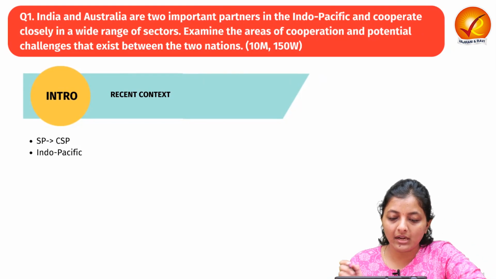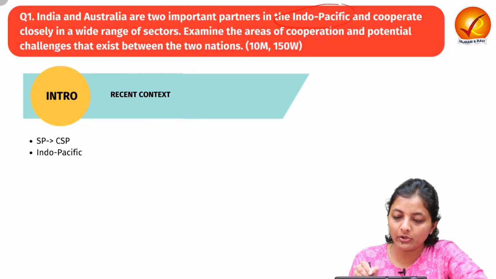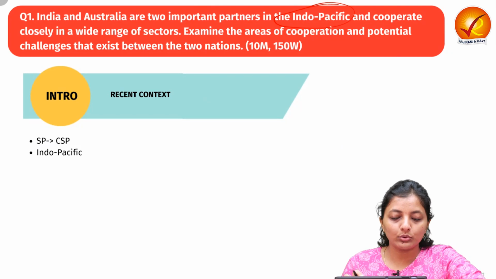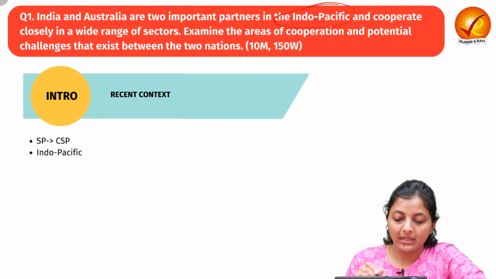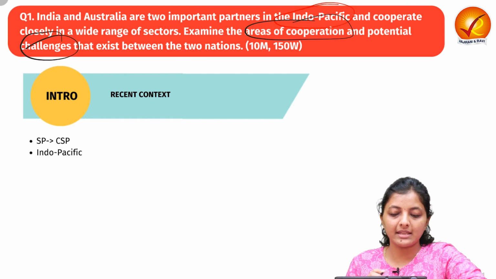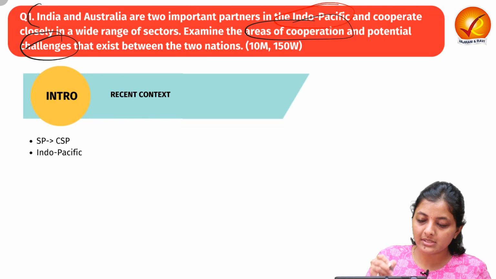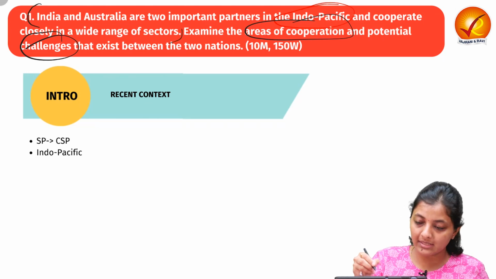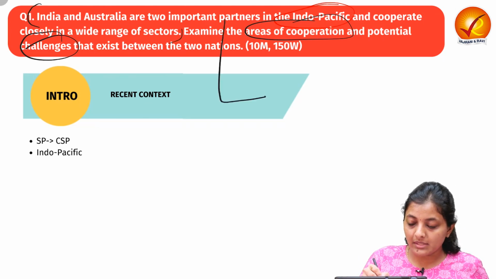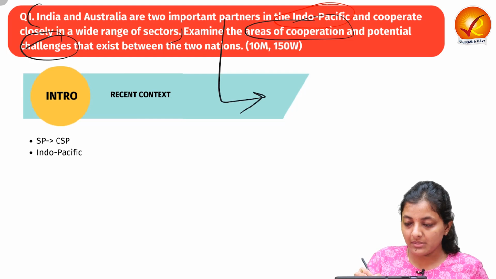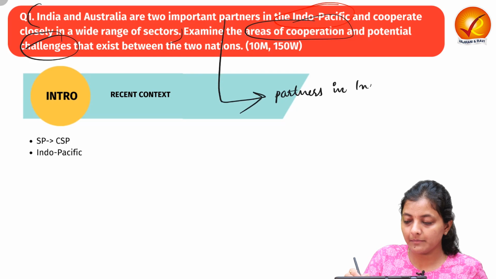India and Australia are 2 important partners in the Indo-Pacific and cooperate closely in a wide range of sectors. Examine the areas of cooperation and potential challenges that exist between the 2 nations. So, the question is already setting some context that these 2 countries are important partners in the Indo-Pacific.